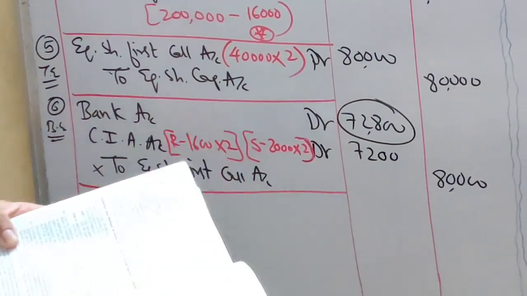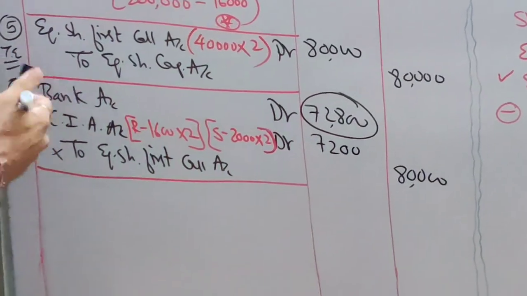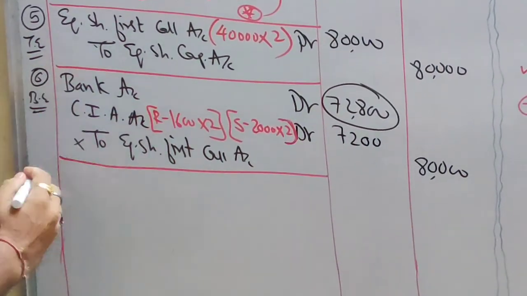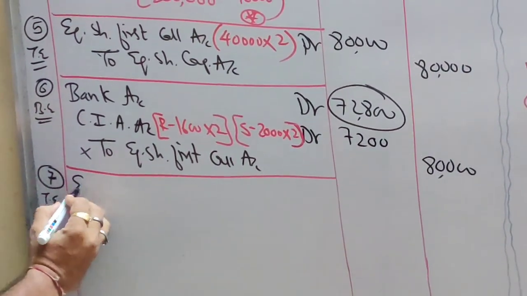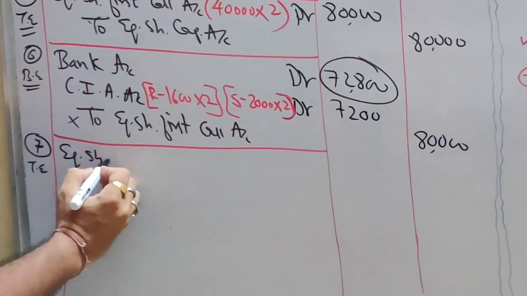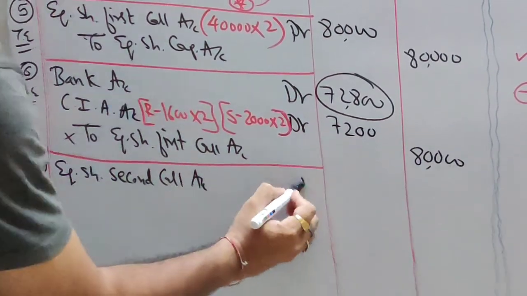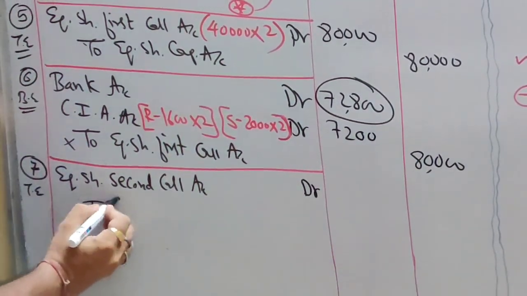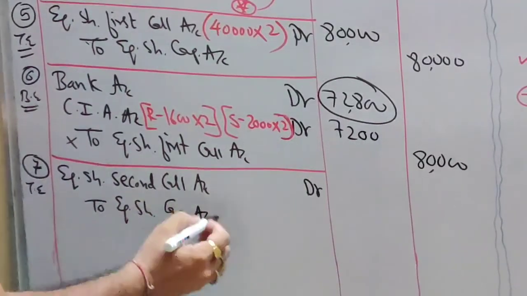Then both the calls. So again we have to make the second call transfer entry. So tell me the second call transfer entry. Second call account debit to equity share capital account.